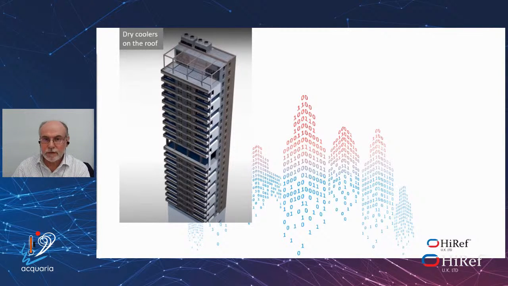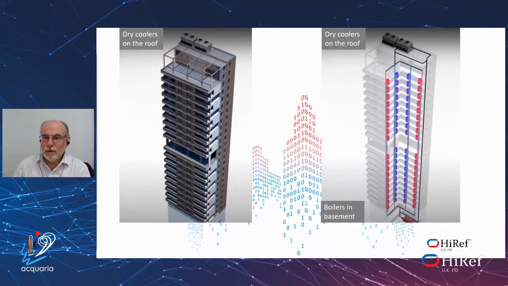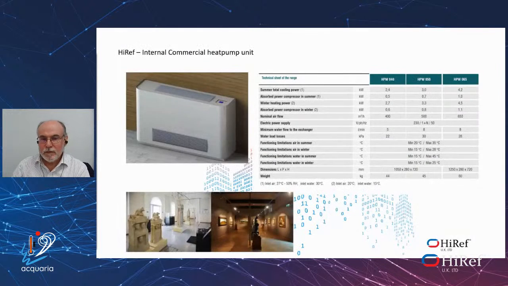Now, in the past, you had an office building with a Tricooler on the roof, so it was cooling the loop down. But when you look at the Tricoolers, you had to put heat in as well, but the boilers were in the basement. And the units themselves in the offices and shopping malls were themselves heat pumps.